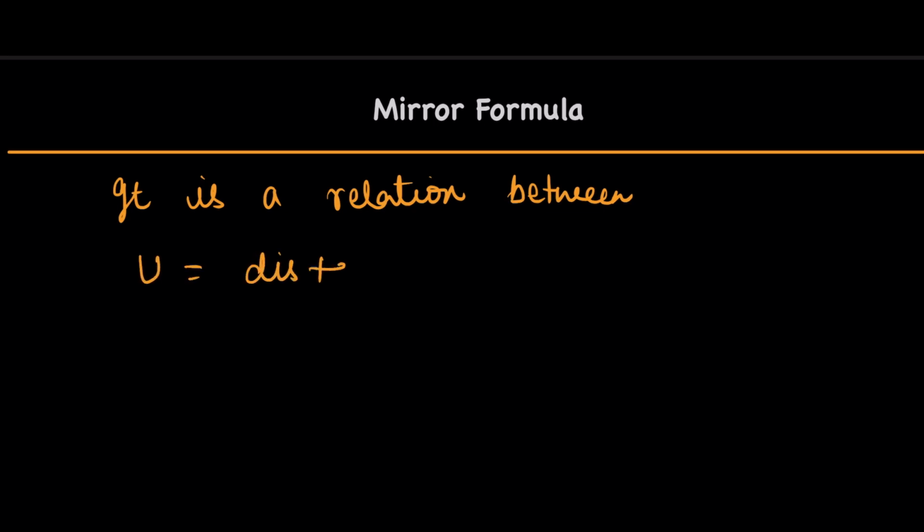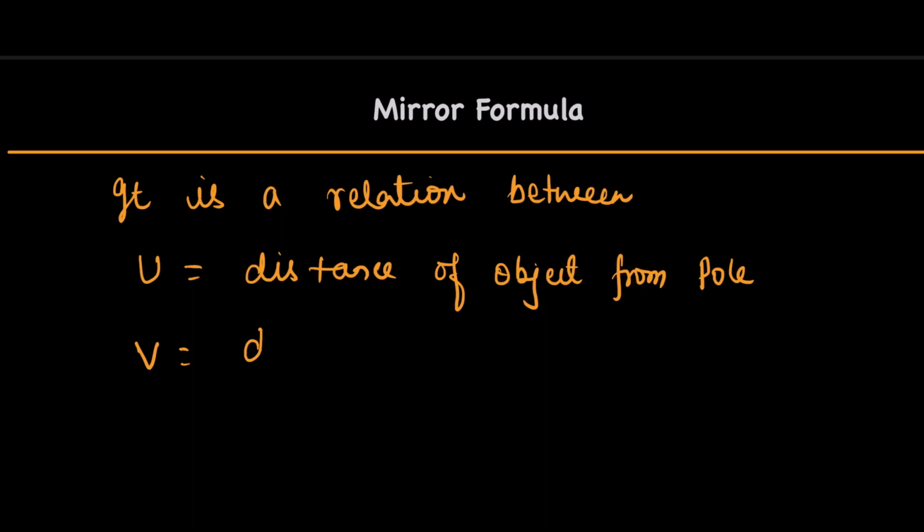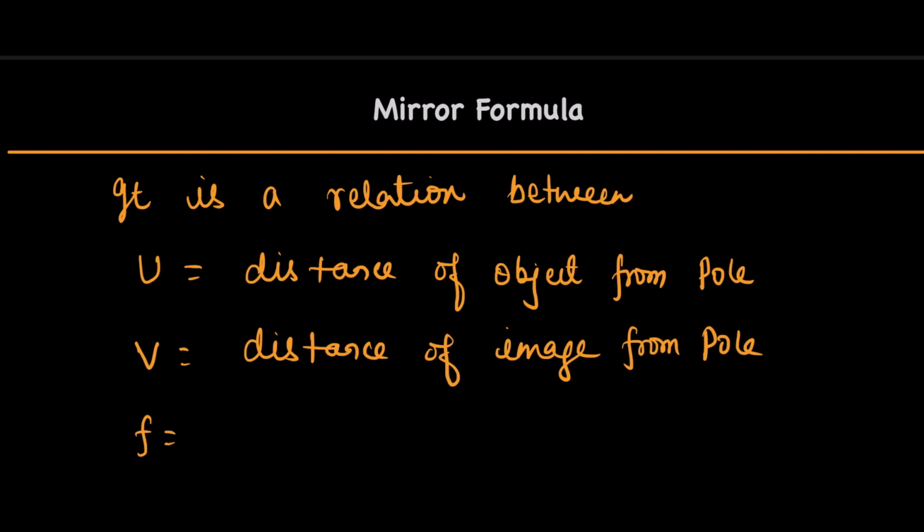Mirror formula is a relation between U, V and F. It means that it is a relation between U, which is the distance of object from pole, V, the distance of image from pole, and F, the focal length.